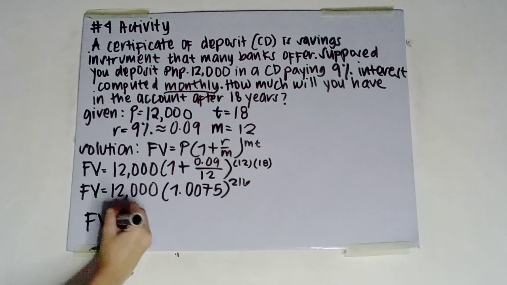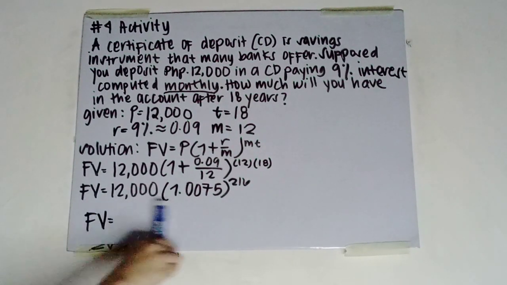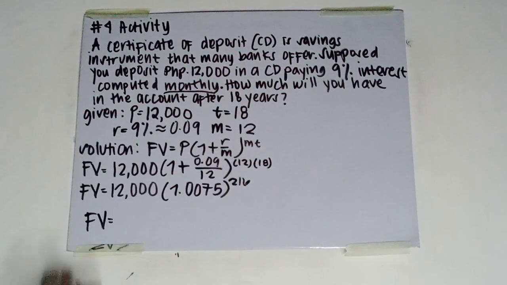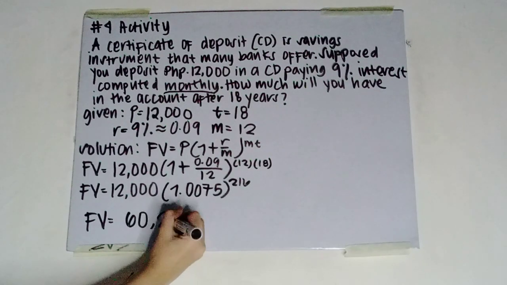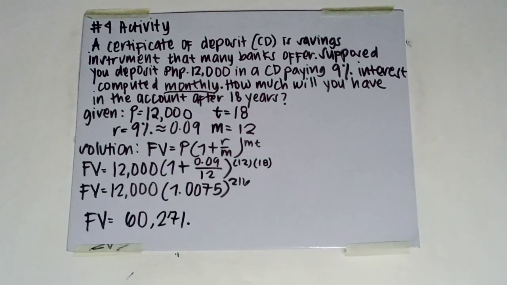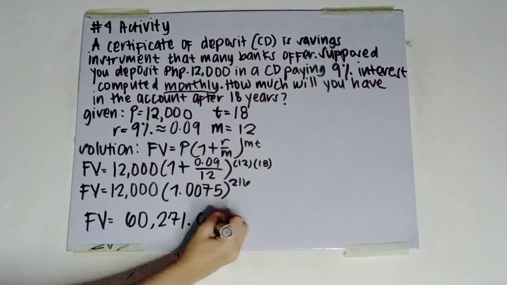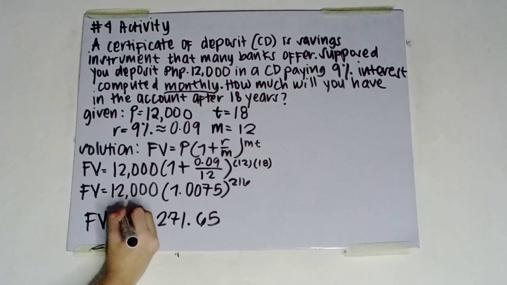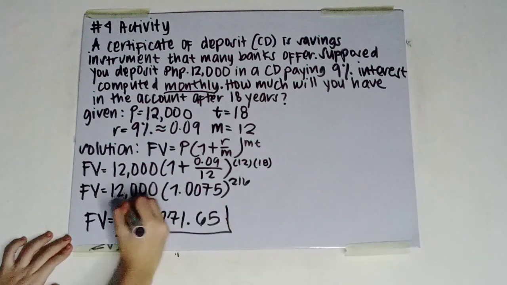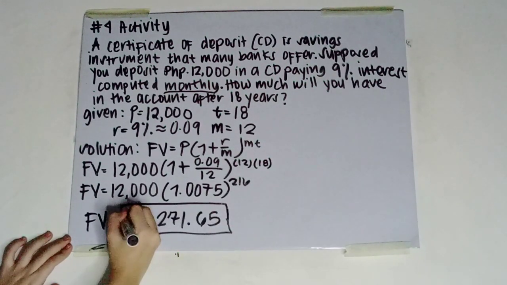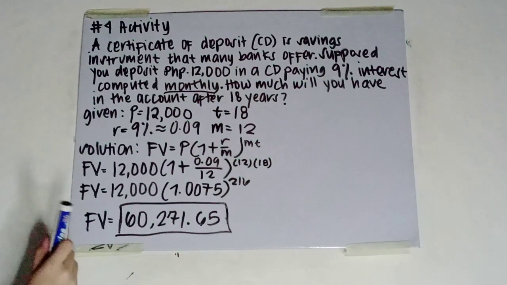So multiply it all: 12,000 times 1.0075 raised to 216 is equal to 60,271.65. So the money in the account after 18 years is 60,271.65.